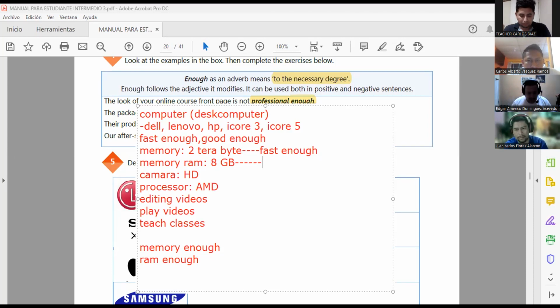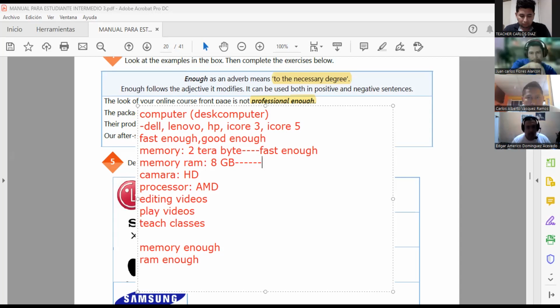For example, the capacity of the computer is for save more information, nor is more slow. The memory RAM is for open other applications. It's similar in the cell phone. Yes.